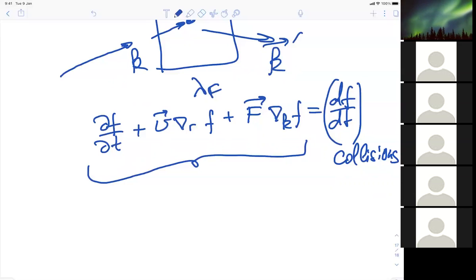We would not try to describe the physics there. We'll consider this as a black box, and we will characterize it by a certain scattering probability. So what do I mean by that?